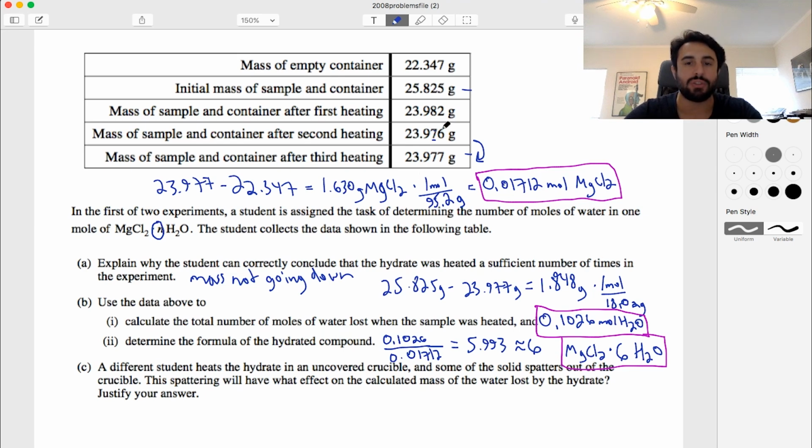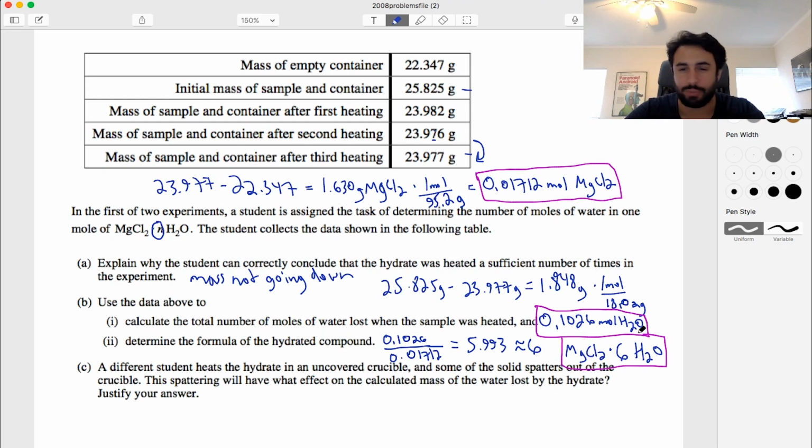And then we did another subtraction to get the mass of MgCl2 and then we used the molar mass to get the moles of MgCl2. Then you just put one over the other and you get the ratio. And we notice that there are 6 moles of water for every 1 mole of MgCl2. That means there must be 6 water molecules per hydrate, per formula unit of the hydrate.